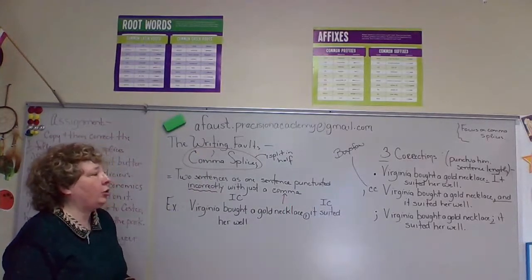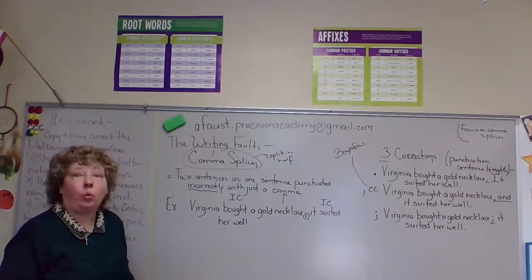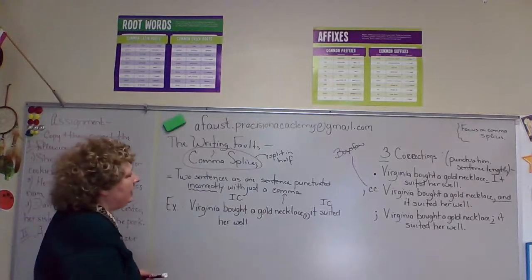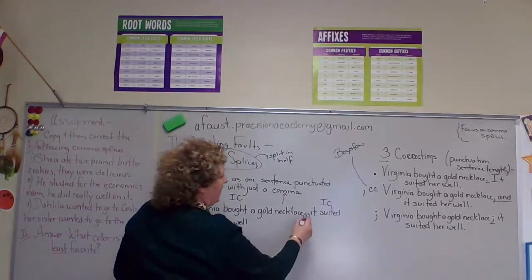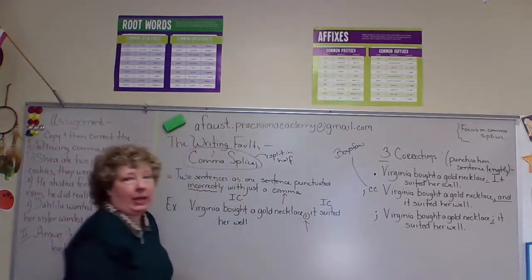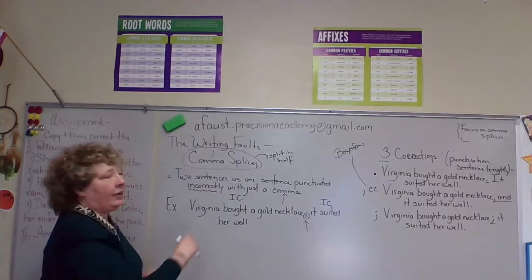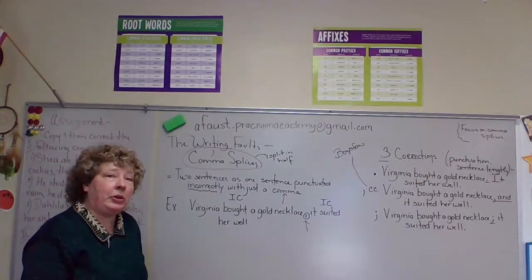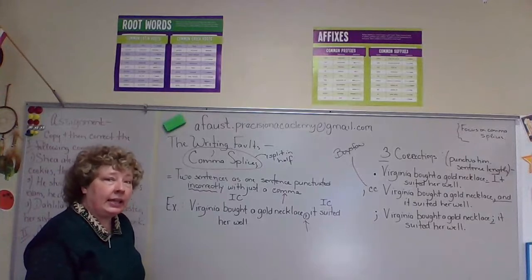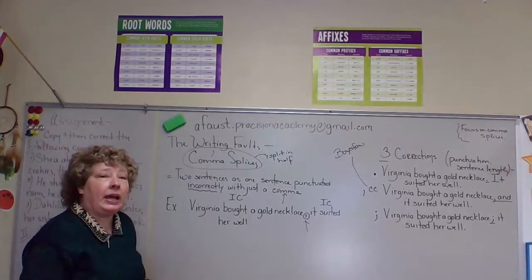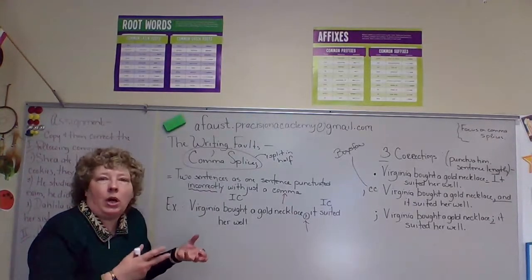Virginia bought a gold necklace, it suited her well. Here's our comma. Notice that? So right away, I know it's a comma splice. We also have two thoughts, two ICs. Remember your independent clauses? So we have two sentences that we think are just one.